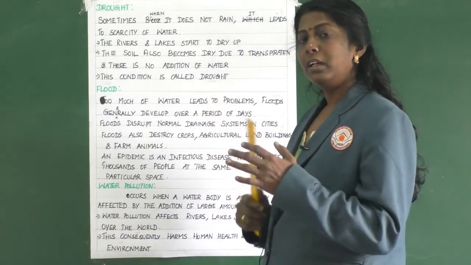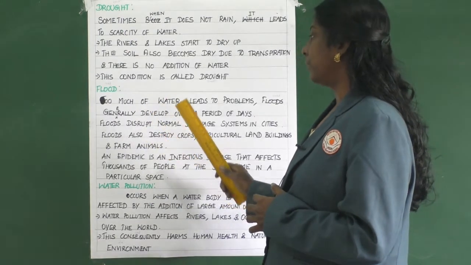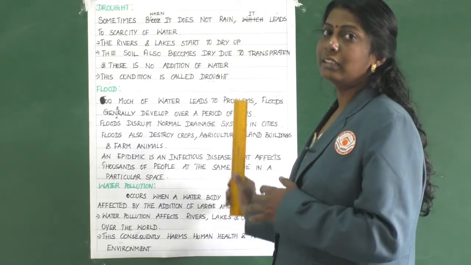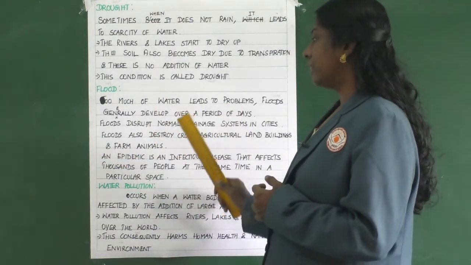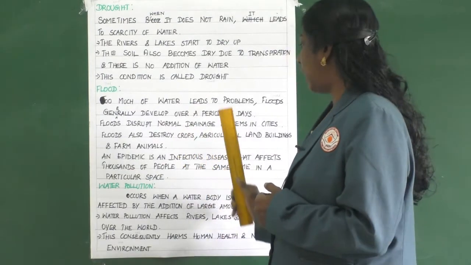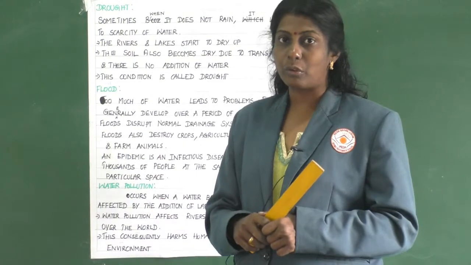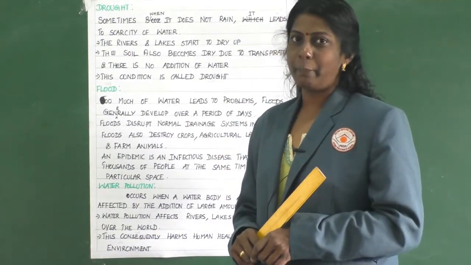Floods disrupt normal drainage systems in cities. Floods also destroy crops, agricultural land, buildings and farm animals.